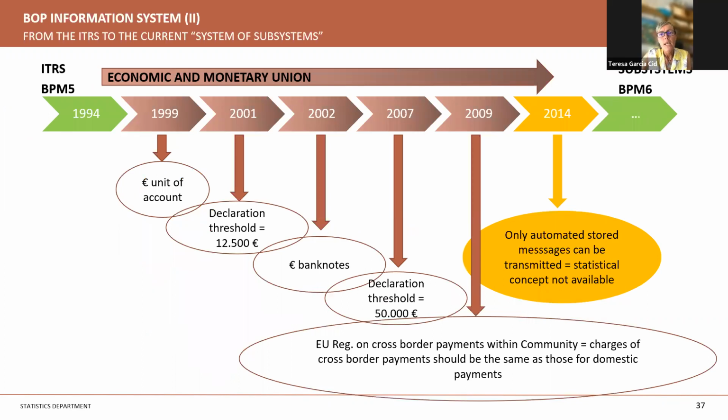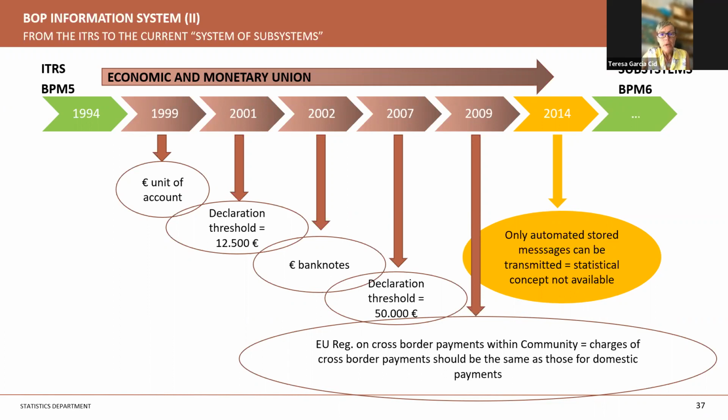With this slide, what I want to illustrate is that the changeover that took place in 2014 did not happen from one day to another. It was a gradual process, because difficulties, and you can see some examples on the slide, grew as the European integration process progressed, until finally we had to abandon the ITRS because the statistical concept for external transactions was not available anymore.